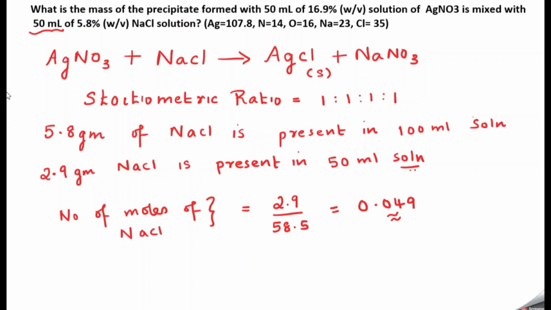As per the stoichiometry, 1 mole of AgNO3 and 1 mole of NaCl can produce how many moles of AgCl? 1 mole of AgCl. Correct. So we can write that.